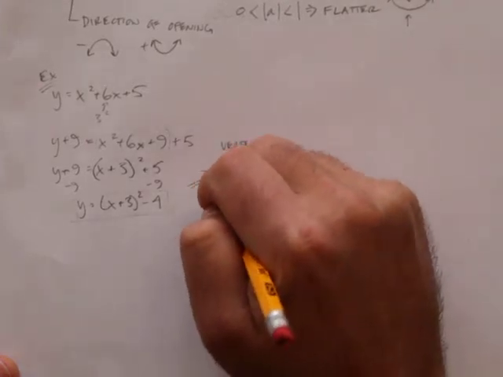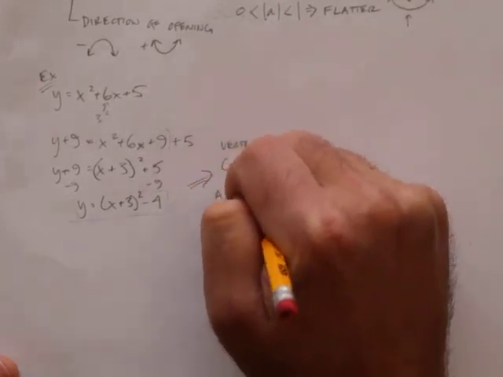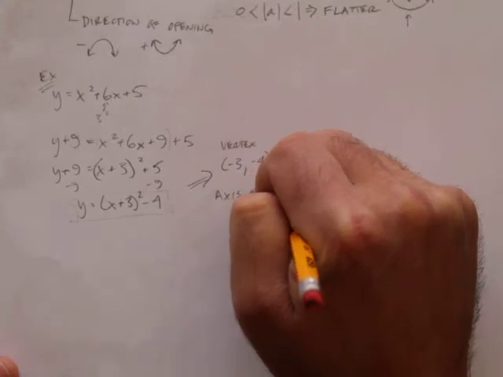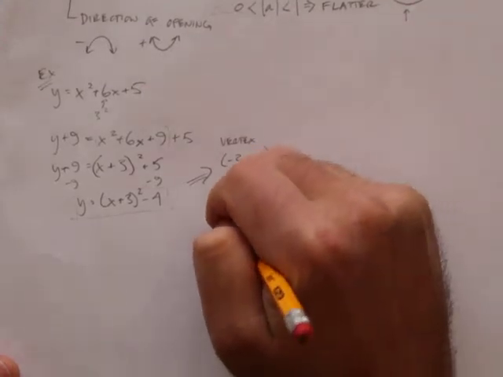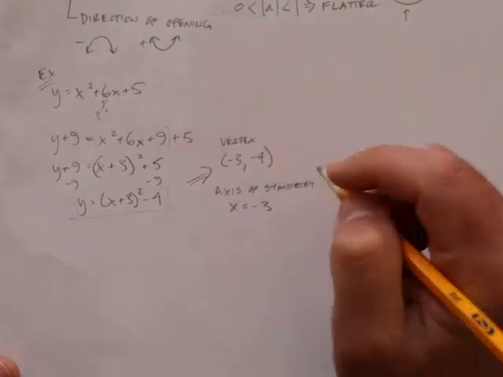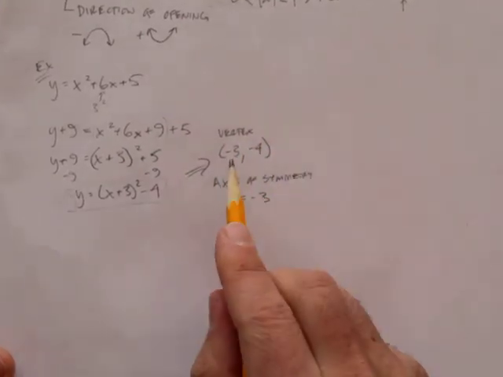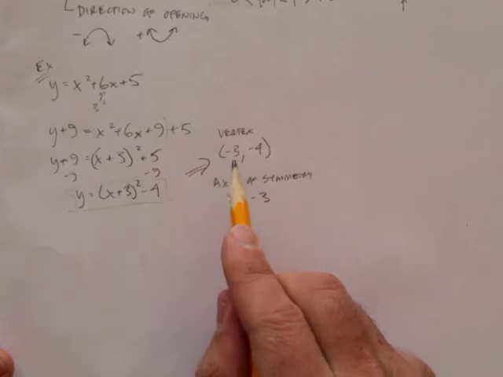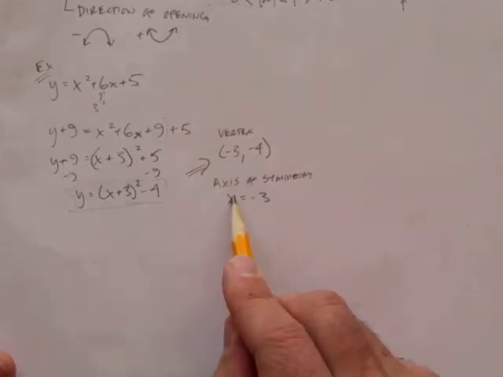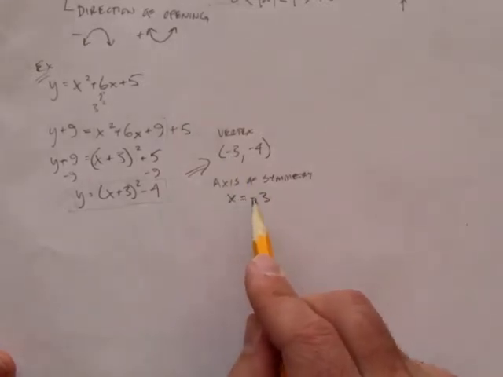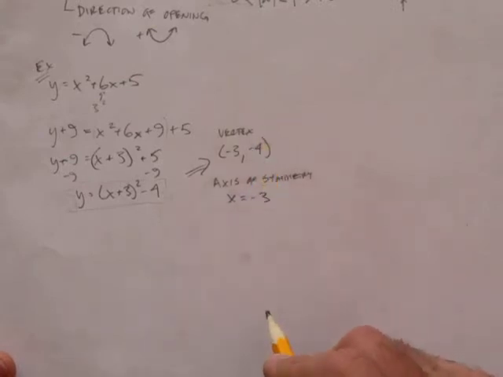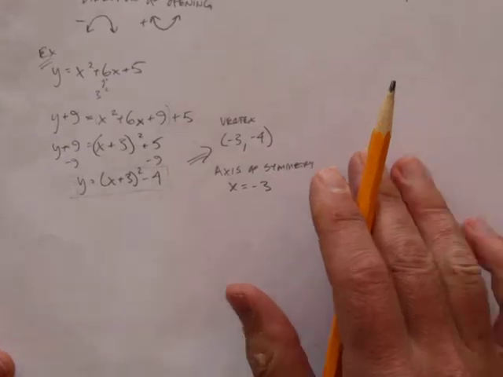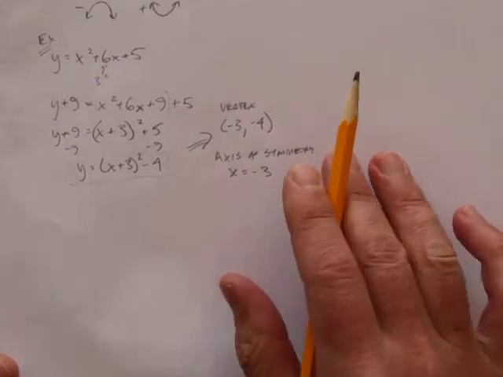My axis of symmetry is x equals -3. The axis of symmetry, remember, is the x value of the vertex as an equation here, x equals -3. So that would give me my line that is the axis of symmetry for this parabola here.